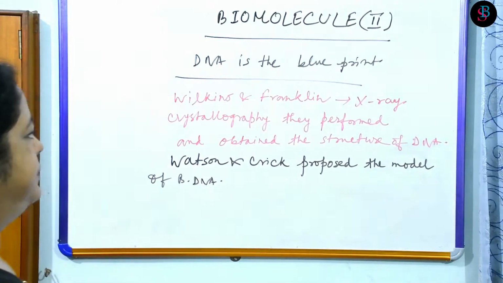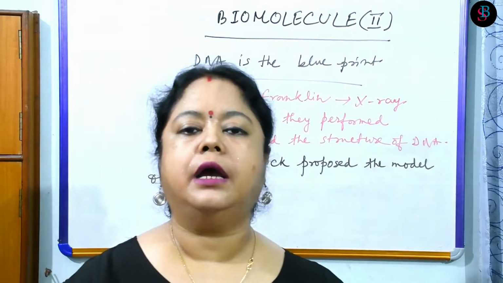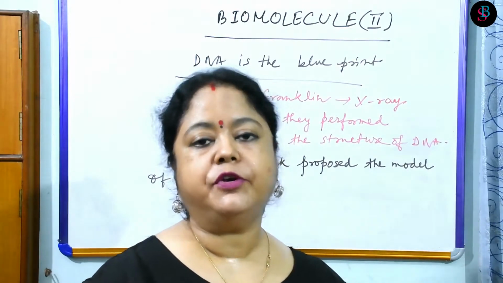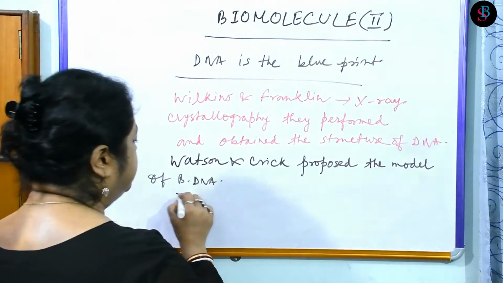Now what is B-DNA? B-DNA is the most common and abundant DNA in living organisms, and in human beings also. B-DNA is the most common one.